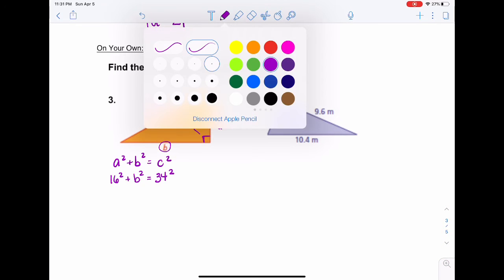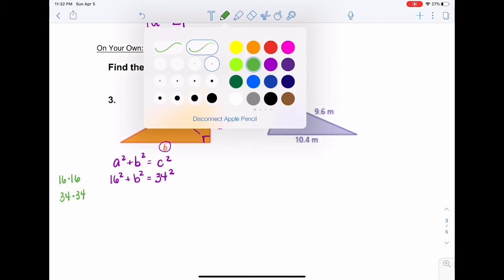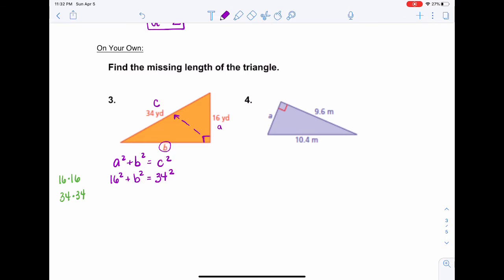Okay. De nuevo, I'm going to evaluate my squares. So yo sé que voy a hacer 16 por 16 y 34 por 34. When I do this, I get 256 plus B squared equals 1,156.